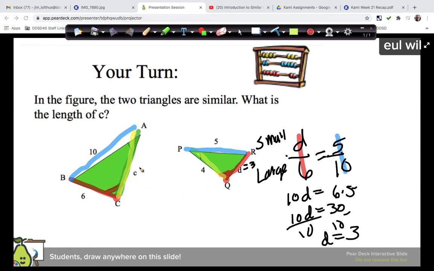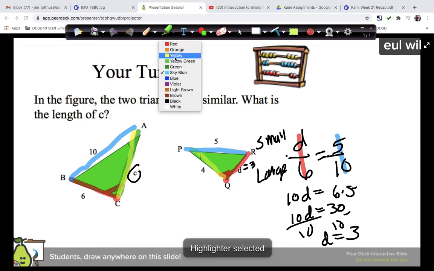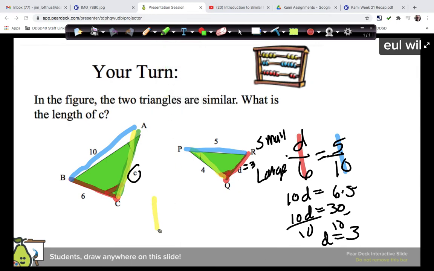So if I want to solve for this C right here, I can again use my color and make sure that I have yellow. So I have a yellow side of my proportions. We can call it my yellow ratio. And we can go with red or blue. Either one would work. So we'll go with red. And I'm going to have small on the top of my ratio and large. Nothing special about that, but I just need to keep it consistent.